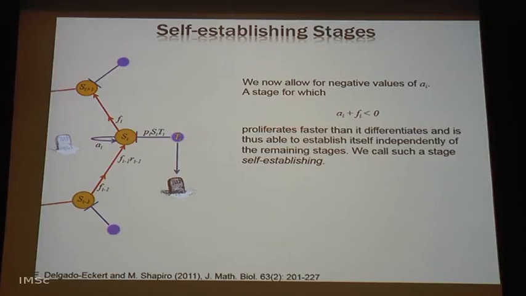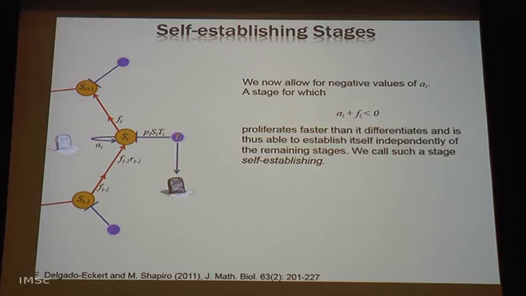This is just a technical detail that I told you a couple of slides before: we assumed the parameters to be non-negative, but now we will allow this parameter to take negative values, which means that there are some stages that are self-establishing. So they also have an internal replication.